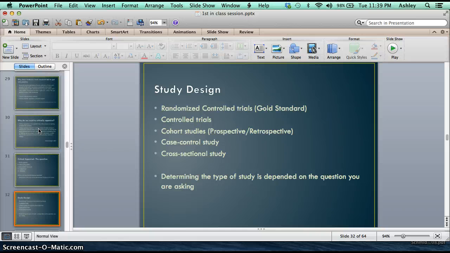Randomized controlled trials, also known as RCTs, these are carefully planned experiments. Okay? They generally introduce a treatment or an exposure to study the effect on patients. And they include methodologies that can reduce the potential for bias by using randomization and blinding.